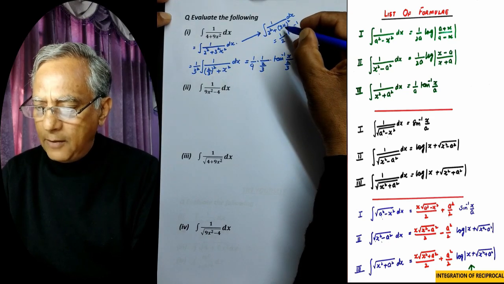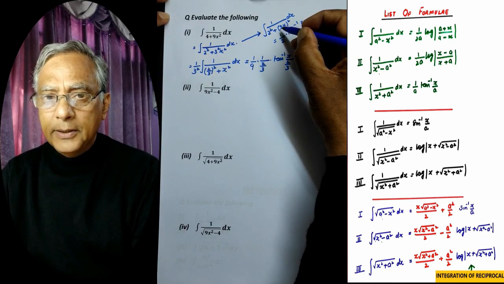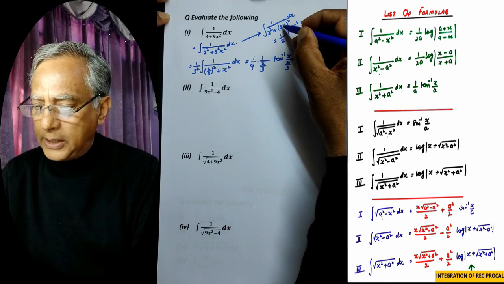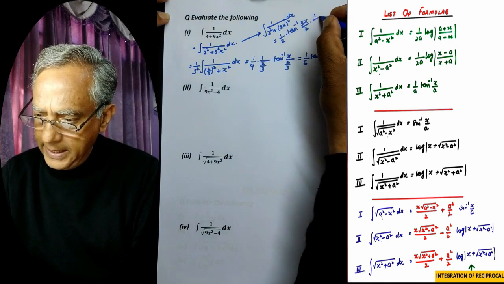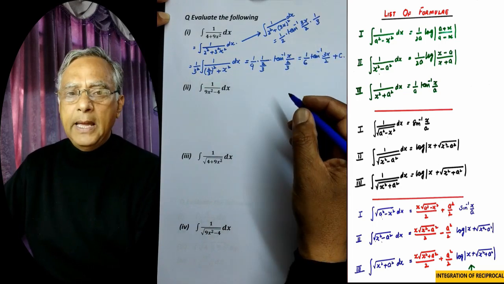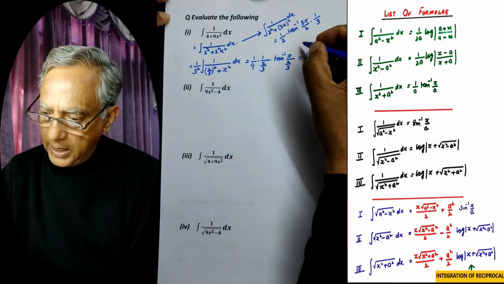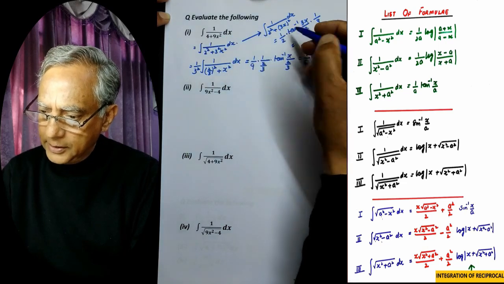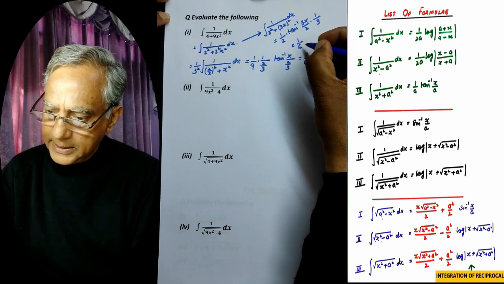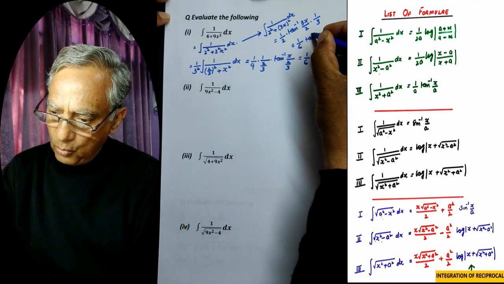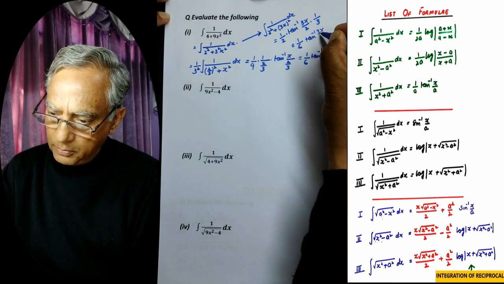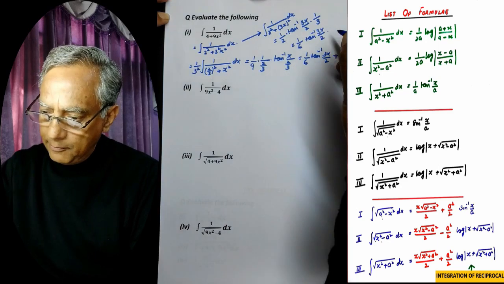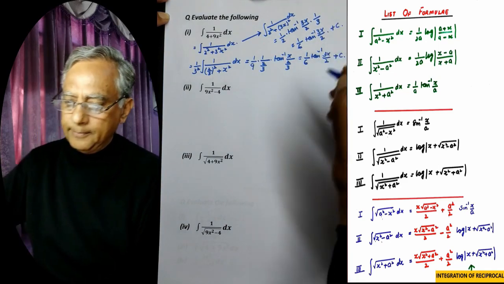We are using a formula for x for 3x, so we must divide by the coefficient of x. So you can also do this question like this. So this will be 1 by 6 tan inverse 3x by 2, which is same as this, plus c.